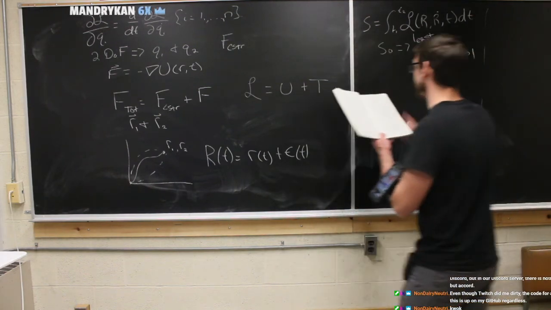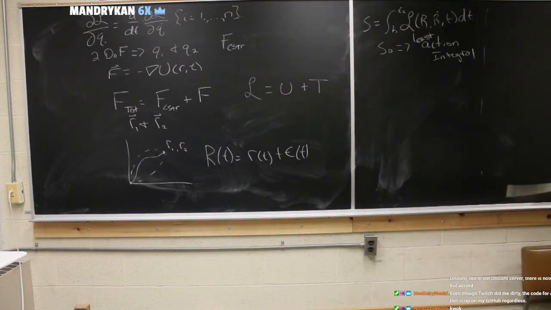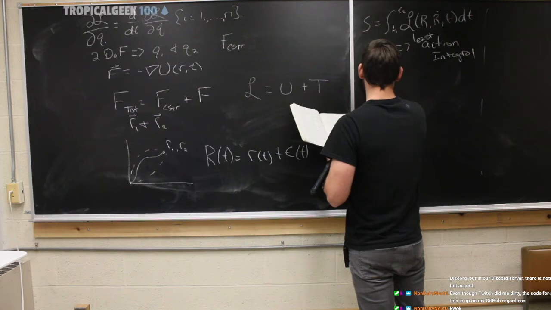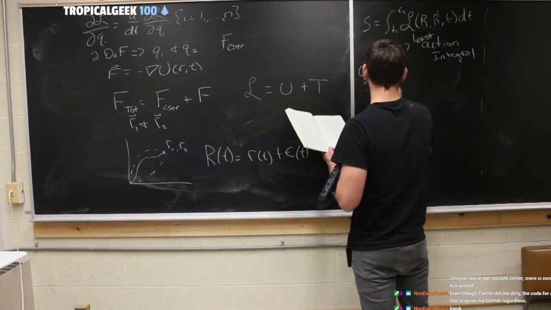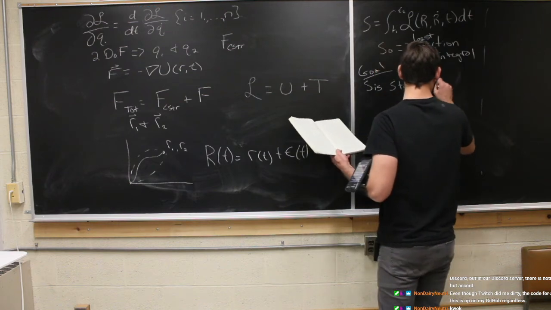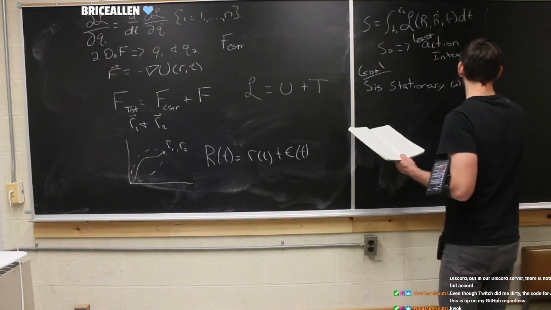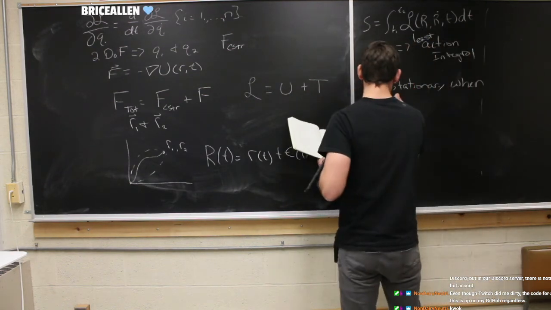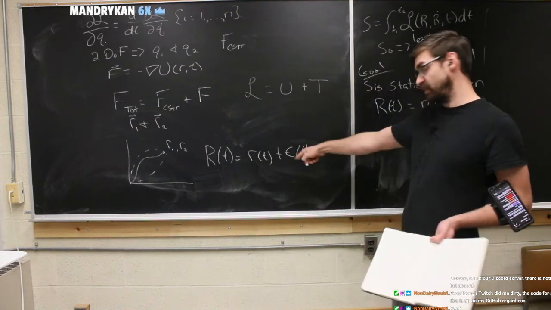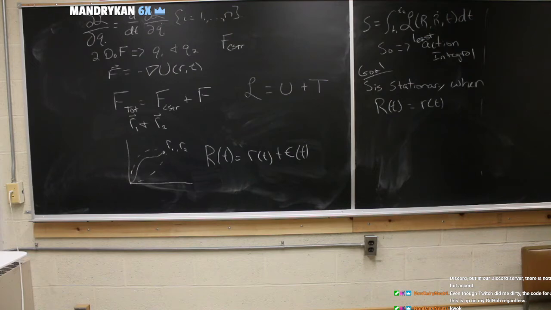The goal is to prove that S is a stationary integral. Let's write our goal down. S is stationary when big R of t is equal to little r of t, i.e. we got rid of the small variation, and we're just back to what we call the least action.